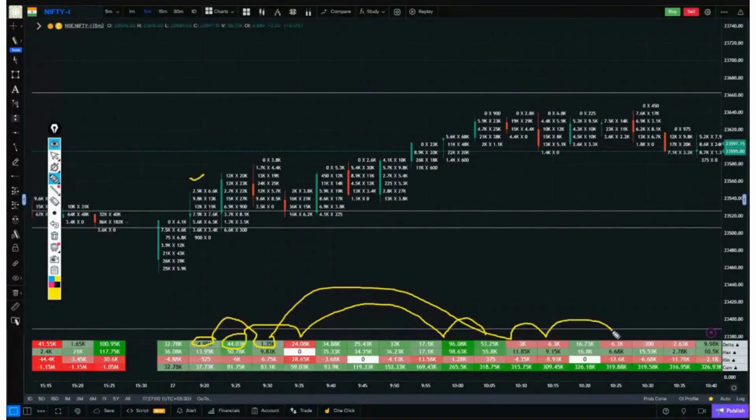This means there are two types of candles: one with a very heavy delta, 44,000, 24,000, 96,000, 53,000, and some candles with only 6,000, 1,000, 3,000, 6,000. These are the candles with a very low delta, where buying and selling have occurred, but very little of each. And the second type of candle is where heavy buying and heavy selling have occurred.